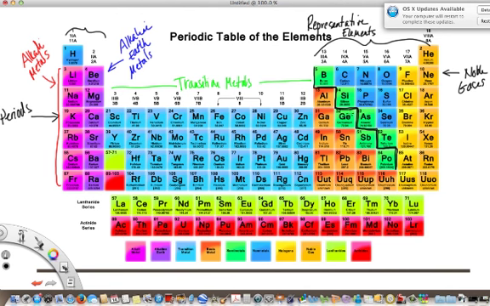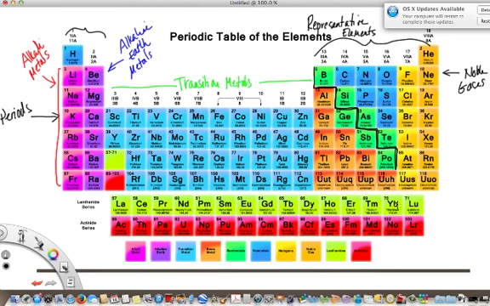The elements here that are colored in green, here they're labeled as semimetals. You will learn them as metalloids. That means they have properties of both a metal and a nonmetal, and you will read more about what the properties of metals are versus what the properties of nonmetals are. So most of the elements, as you can see, are metals, and a smaller percentage of them are nonmetals, and then an even smaller percentage of those elements are called metalloids.